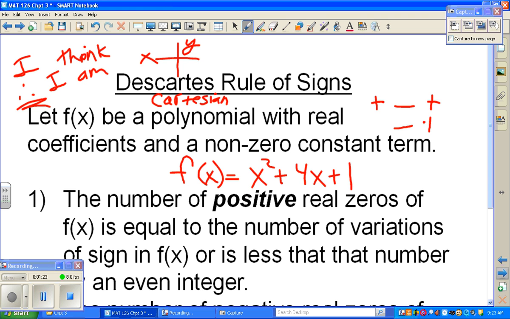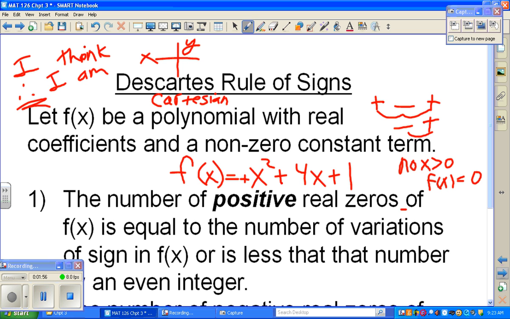If you count the number of sign changes, that will tell you how many positive roots at most it can be. There are no sign changes here, so Descartes proved that there are no positive x values that make f of x equal to 0.